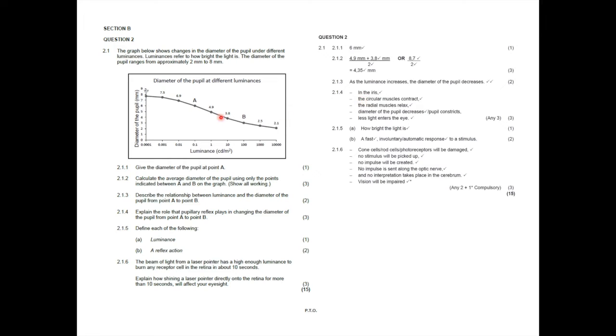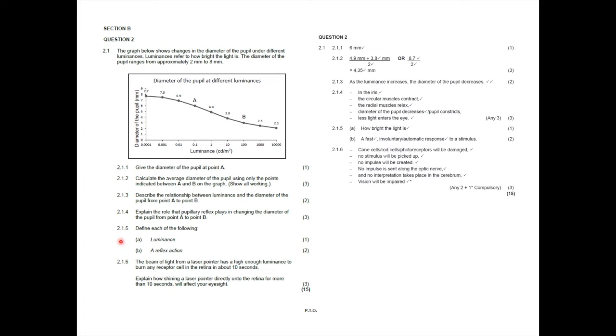And for this change to take place, the circular muscle is going to contract, the radial muscle will relax, and the pupil will constrict. It's becoming smaller, as you can see here. So the pupil constricts to let less light in. Any three of those answers, you would have got 3 marks.